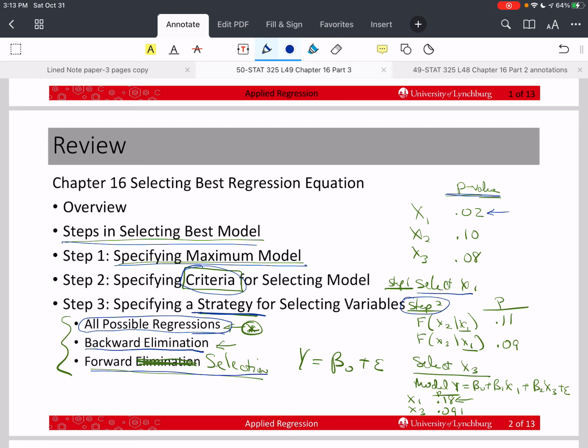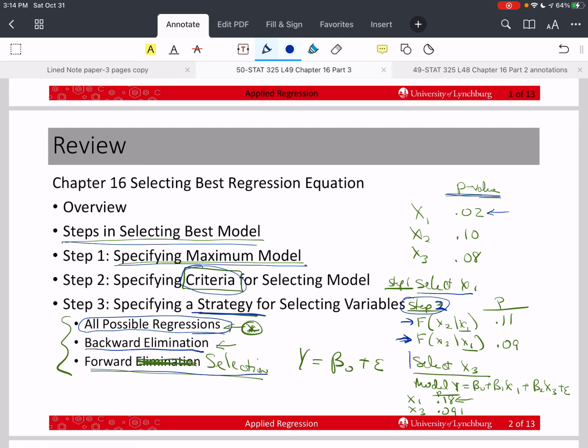Step two would be that we calculate these partial f statistics for x2 and x3. Let's say that we end up with 0.11 and 0.09. So x3 has a partial f statistic with significance of 0.09, which is less than our cutoff of 0.1.